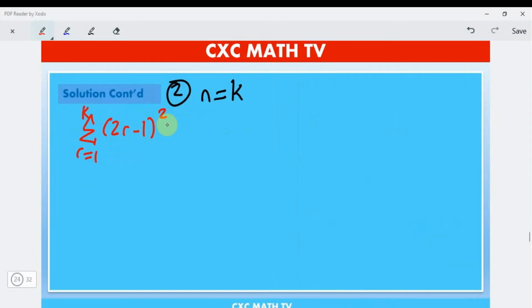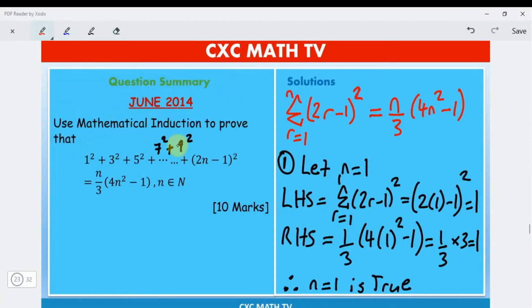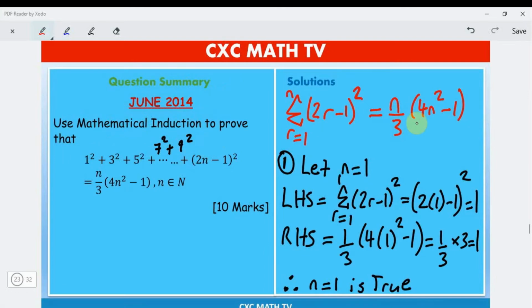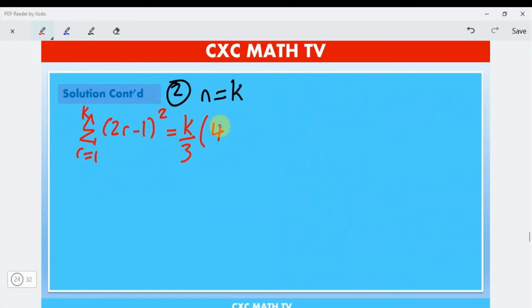And that is then going to be equal to, replacing n with k, k over 3 in bracket, where n is, we'll put k, it becomes 4k squared minus 1. That is what we have, and we're going to assume that this is true.